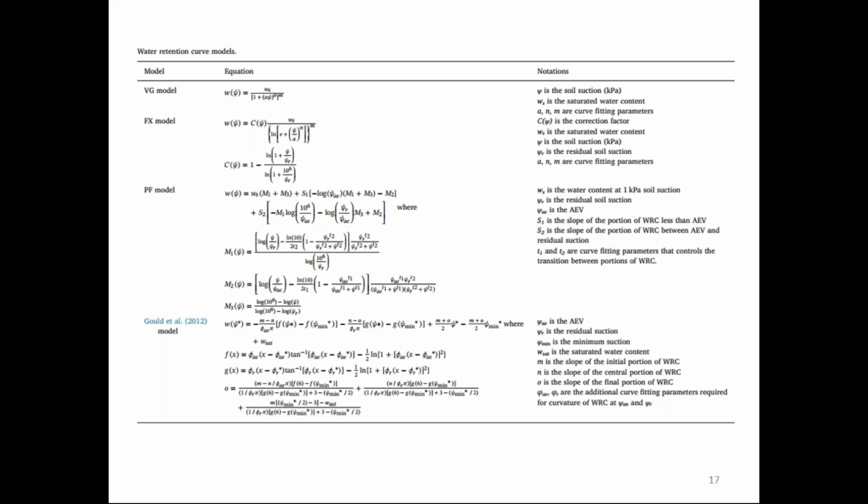For that, the data points are fitted with various water retention models, like the Van Genuchten model, Fermi and Ching model, Fredlund and Xing model, and Gold et al. 2000 model. Here w is the water content, while psi is the suction, and these are some fitting parameters.